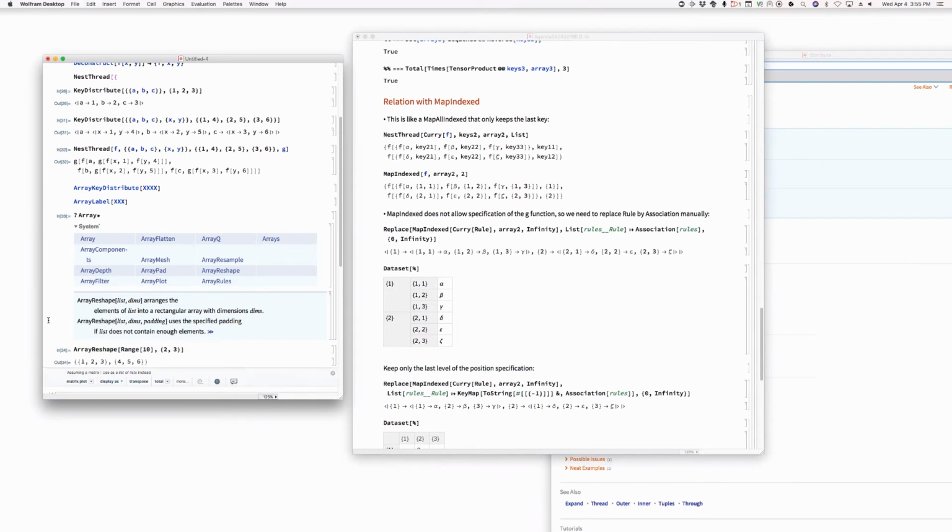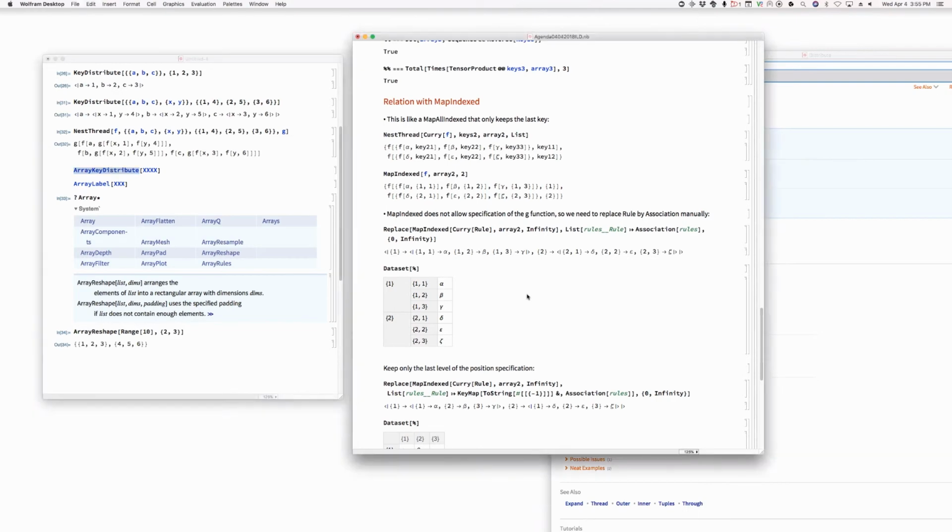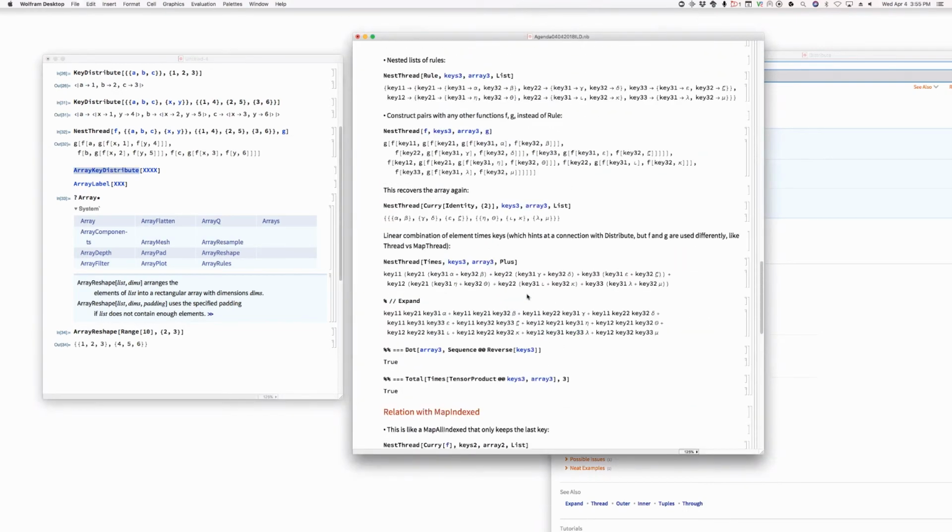So this is not a totally unrelated function, because this isn't restructuring the array. Right, the dimensions are kept. In what sense is it related to distribute? Can you go a bit up in the notebook on the right?